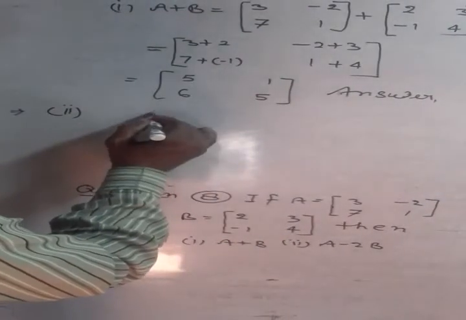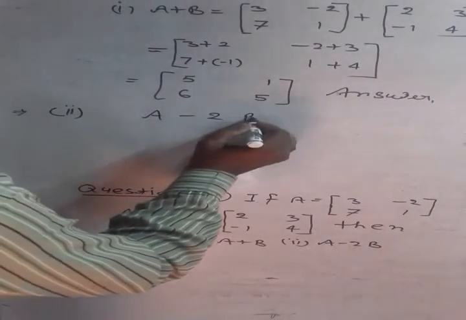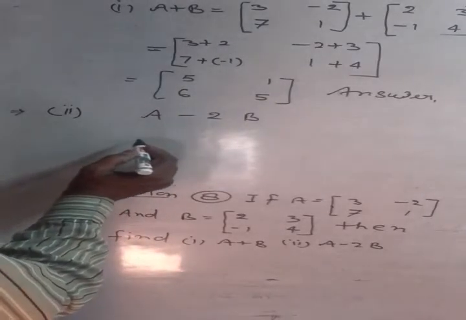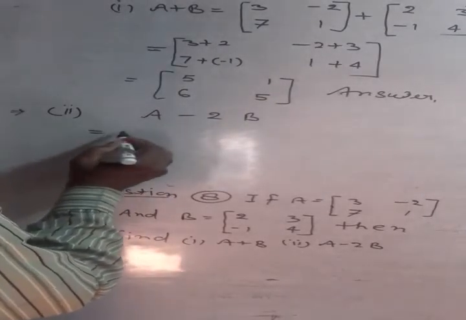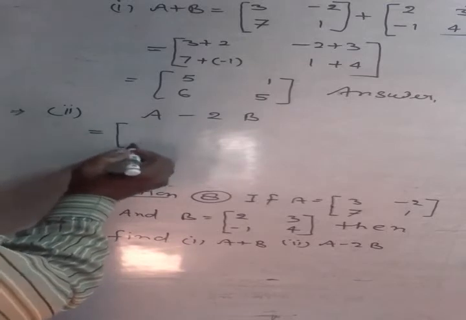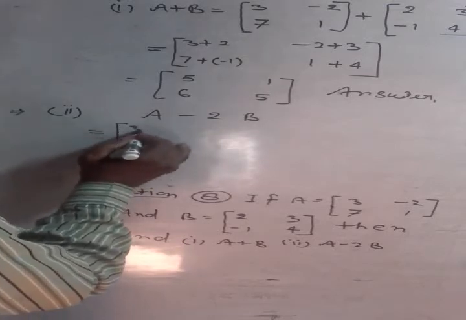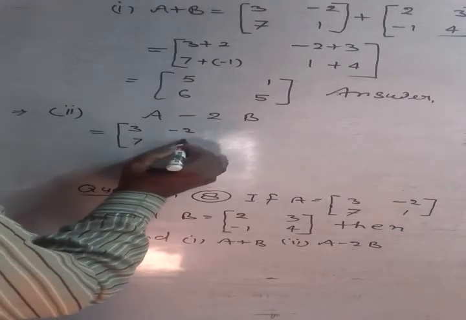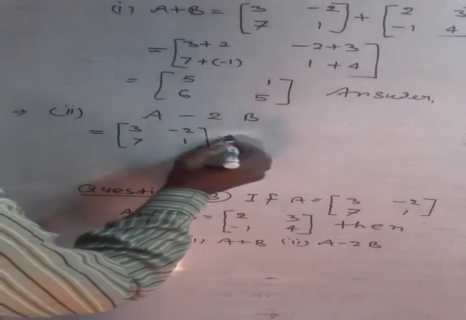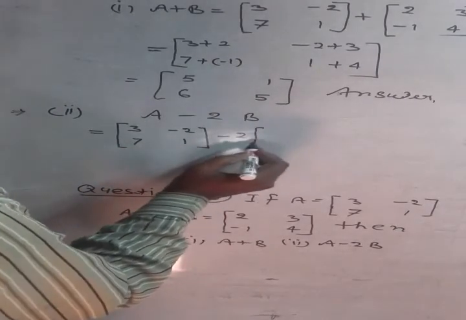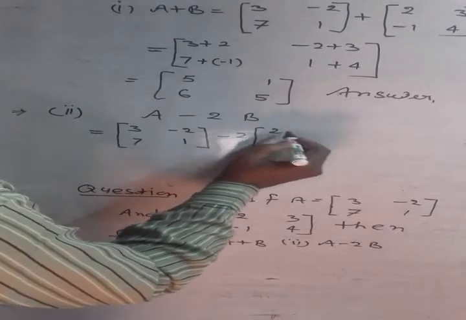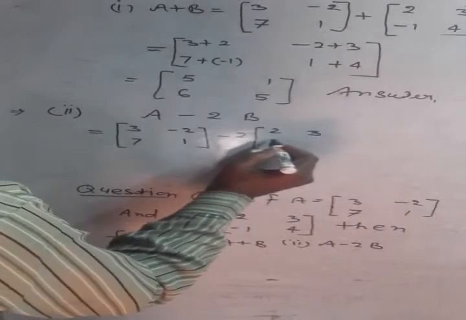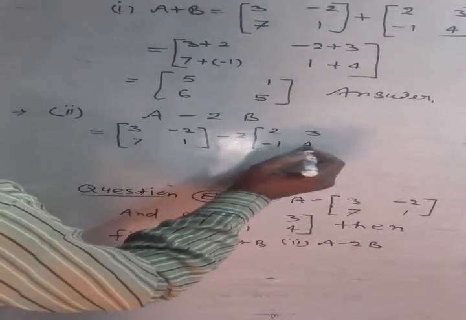A minus 2B. Three minus 2, 7 1, minus 2 times the value of B, 2 3, minus 1 4.